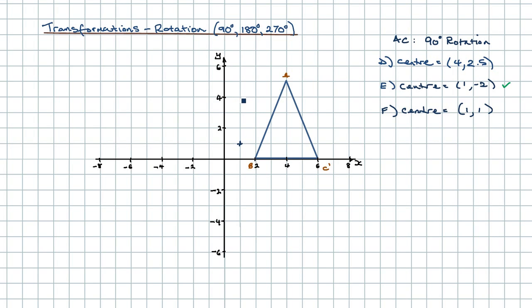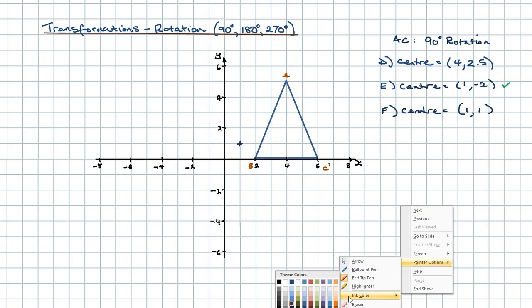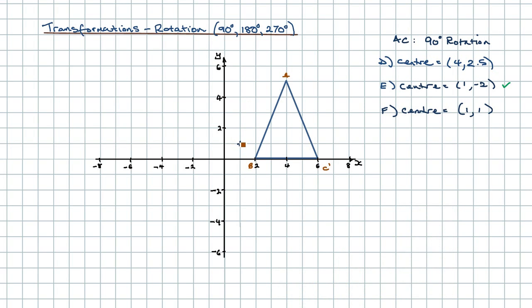So if I went along horizontally 3, then I have to go vertically 3. Okay, so now I can draw a line up in this direction. And in fact I can confirm that again using my compasses by just drawing around from this point here. Okay, so we can see that's a 90-degree rotation.